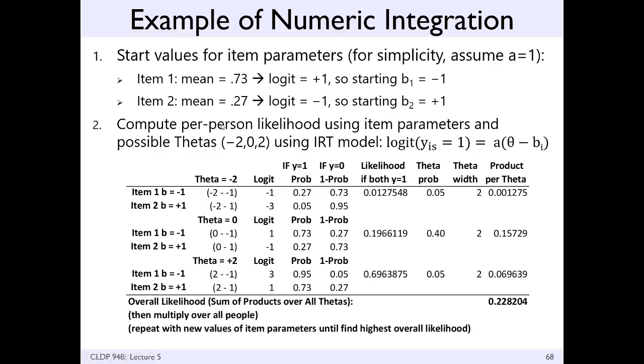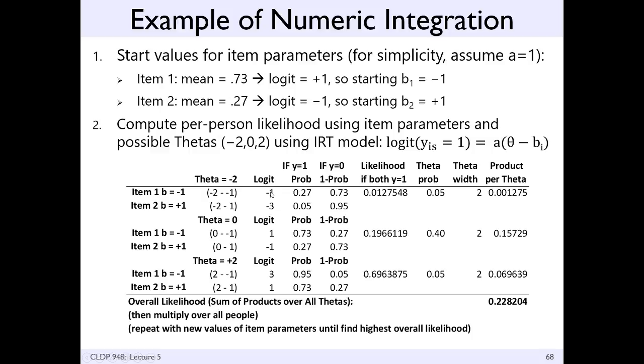So then we're going to compute a per-person likelihood using those item parameters and trying on, in this case, 3 possible thetas. Instead of 15, because I don't have room on my slide, we're going to do 3. We're going to try on -2, 0, and 2. So for item 1, if my theta is -2, here's my model: A, which is 1 in this case to make the math easy, times theta minus B. So -2 minus a -1 gives me a predicted logit of -1.